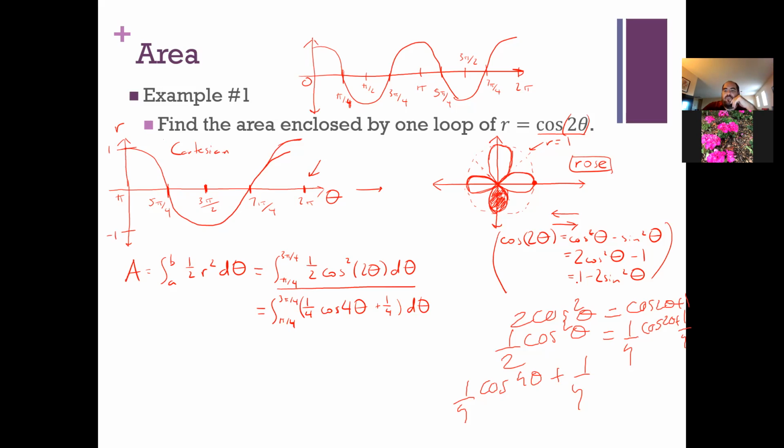That allows me to trade in my cosine squared for some expression involving just cosine. The biggest thing I have to be aware of is that I am going to double the angle I started with. So that's why the angle goes from 2 theta to 4 theta.